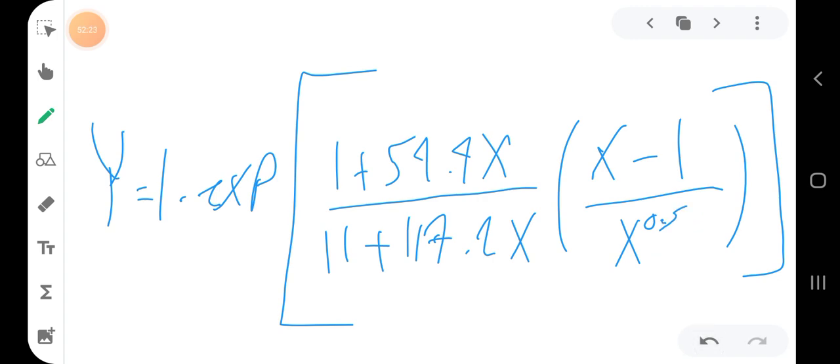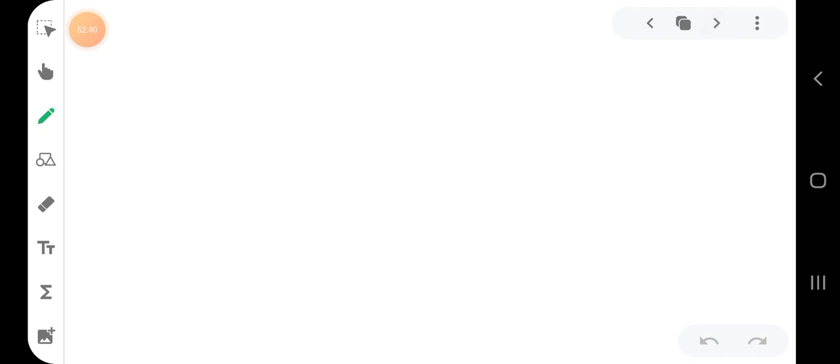But again, the question here: why are we doing this? What's the benefit of getting this value of y? The benefit is this. If you know y, you can use this Gilliland correlation, which says that y is (n minus n minimum) over (n plus 1).